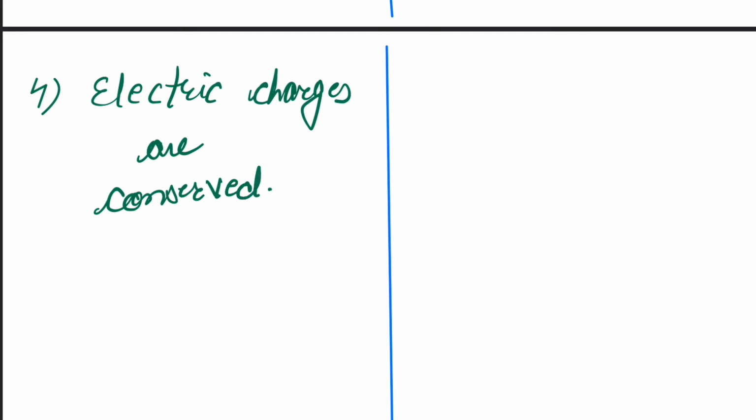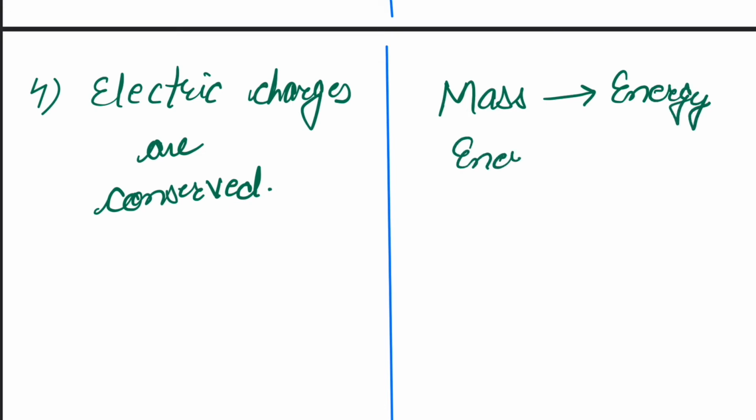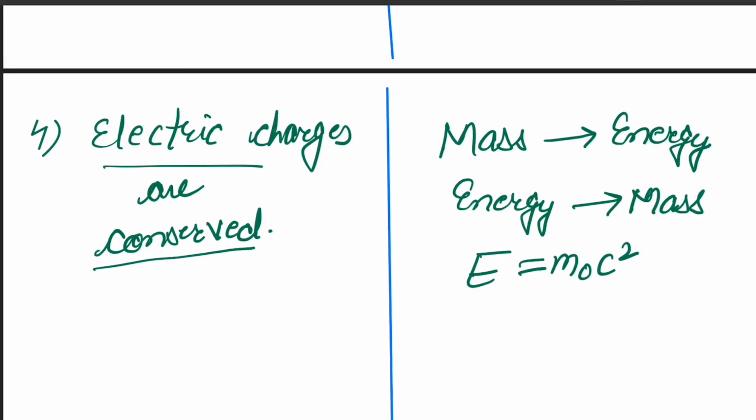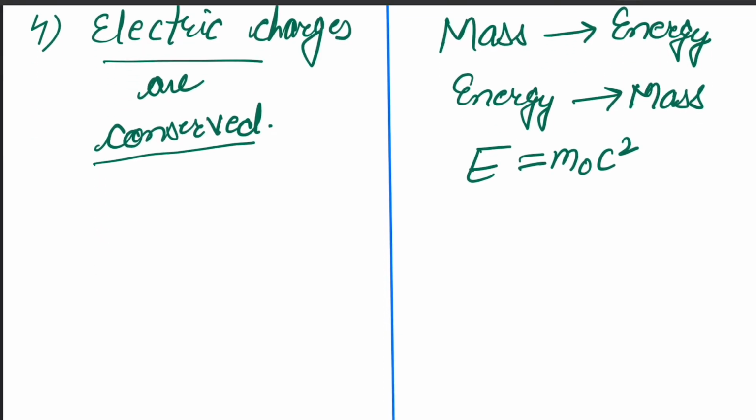Electric charges are conserved, but the mass can be converted into energy, and energy can be converted into mass by using the equation E is equal to m naught c square, right? Electric charges are conserved. They can be created or destroyed in pairs only, but mass can be transferred into energy and energy can be transferred into mass.